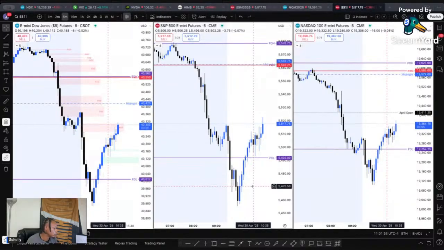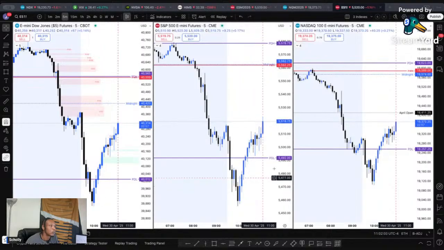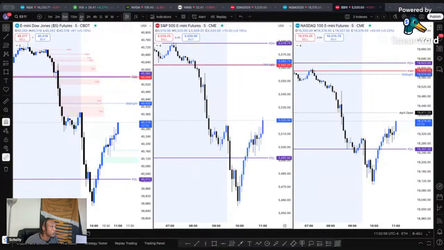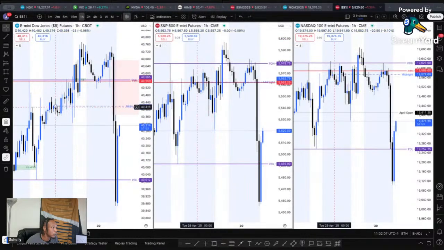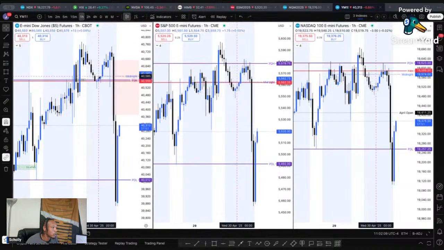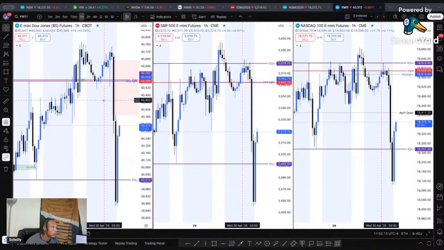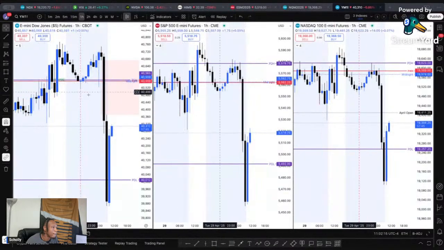Like he say, he consider them entry and exit levels or just targets. The monthly open, the daily open, all them levels. Midnight is up there at 22.